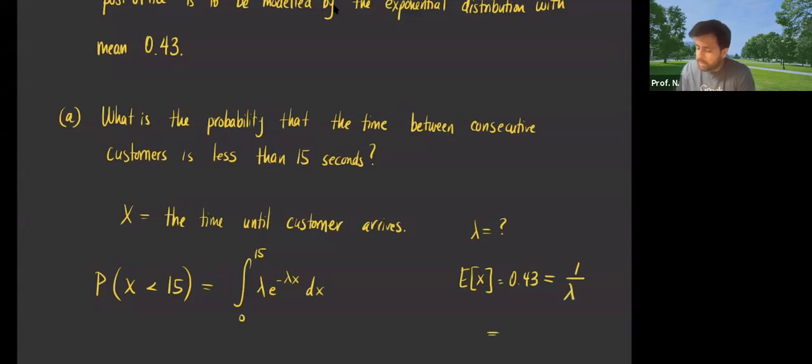So what is lambda? Lambda will be 1 over 0.43. And if you put that in your calculator, 1 over 0.43 is some weird number. So I'm going to leave it as lambda for now, okay?